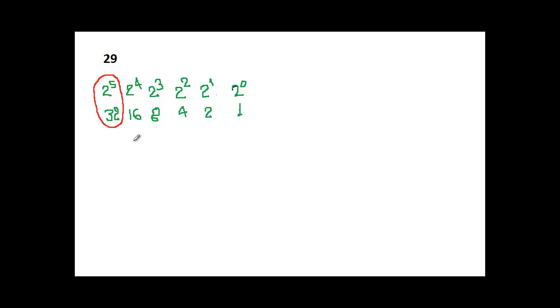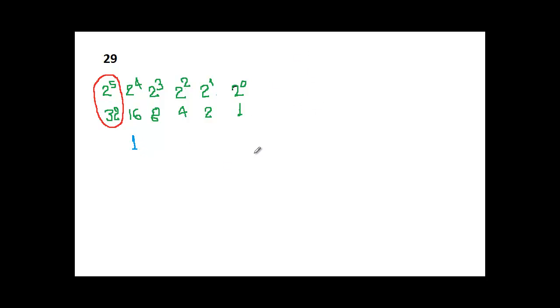I would place 1 here. Okay, it means that 1 multiplied by 16 would be 16. If all other places are 0, then my number would be 16.